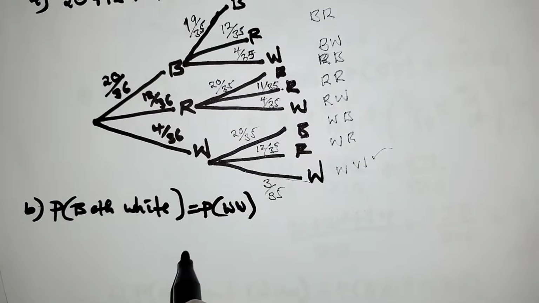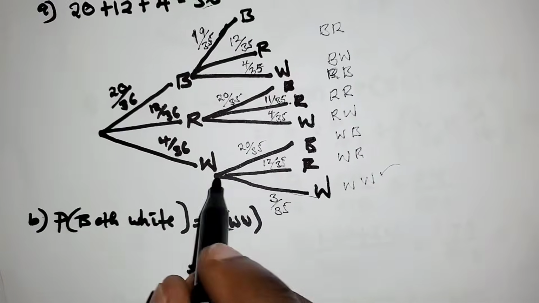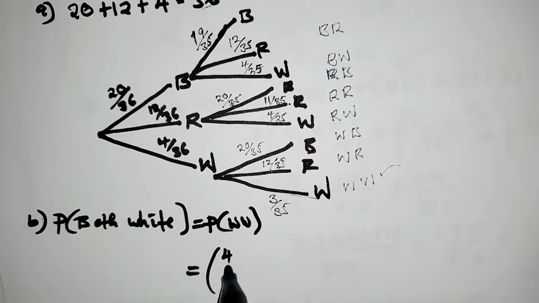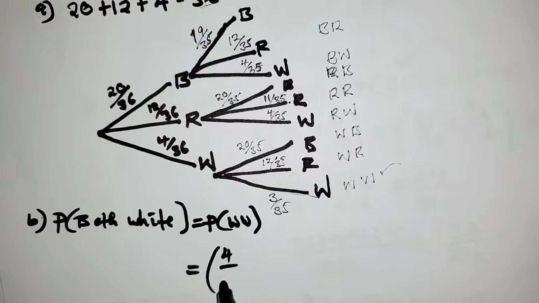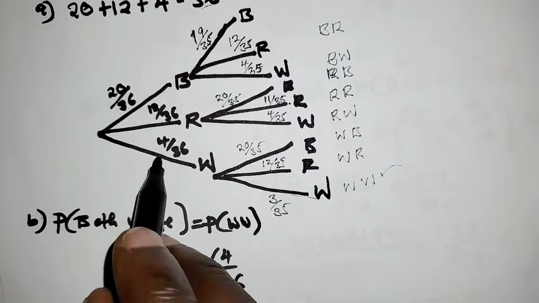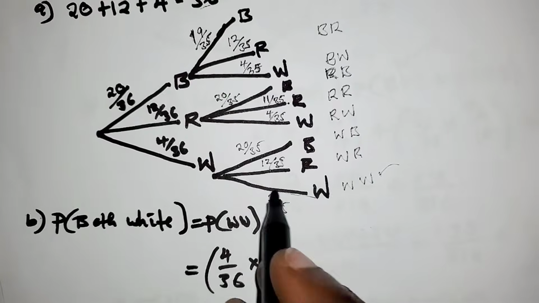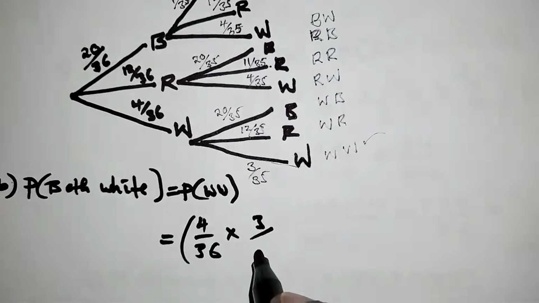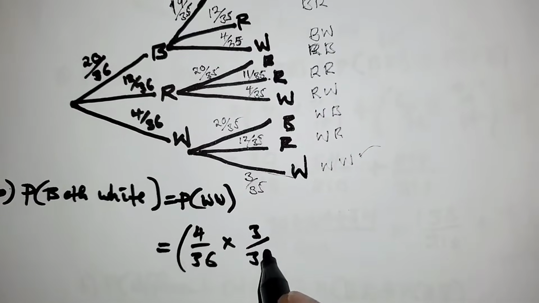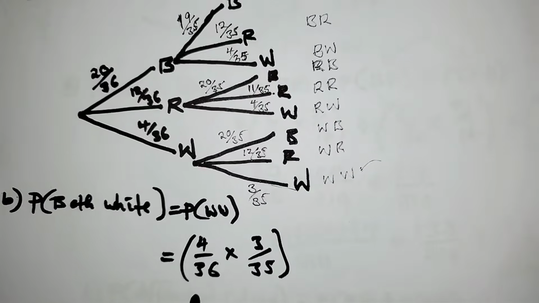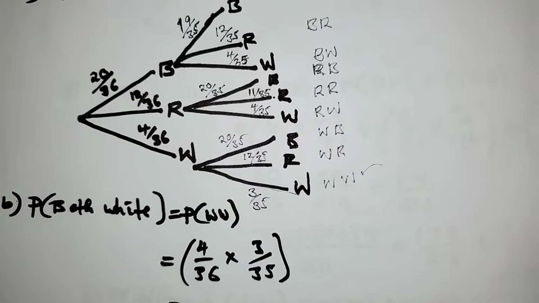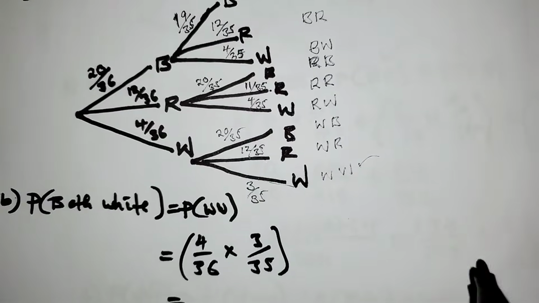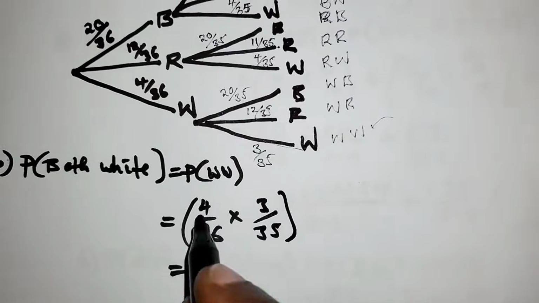We pick WW here, so we have 4 over 36 multiplied by 3 over 35.